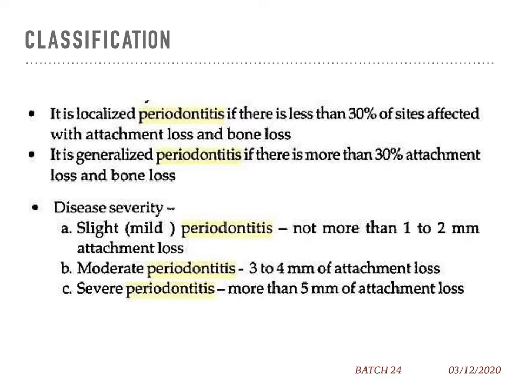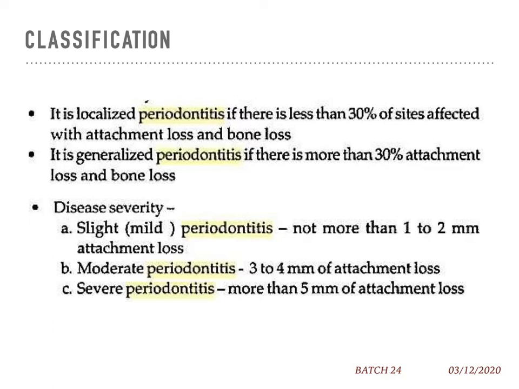Mild periodontitis is when the attachment loss is between 1 to 2 millimeters, moderate periodontitis when the attachment loss is 3 to 4 millimeters, and severe periodontitis when the attachment loss is more than 5 millimeters. Here I am classifying chronic periodontitis based on the attachment loss, not on the probing pocket depth. Don't confuse pocket depth and attachment loss. Attachment loss is detachment of the junctional epithelium from the CEJ.